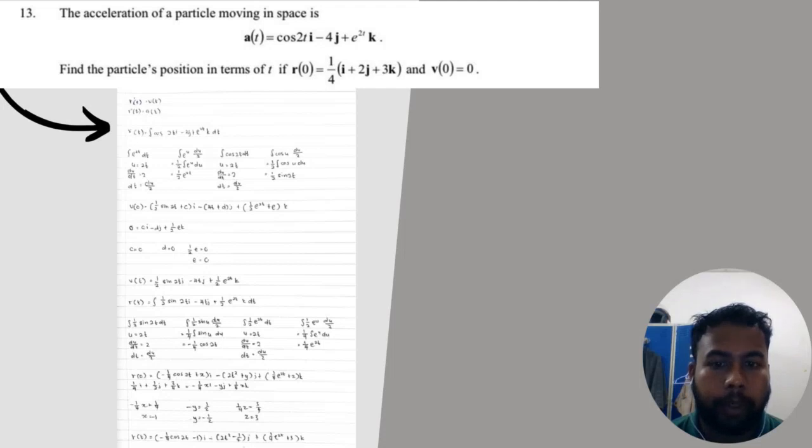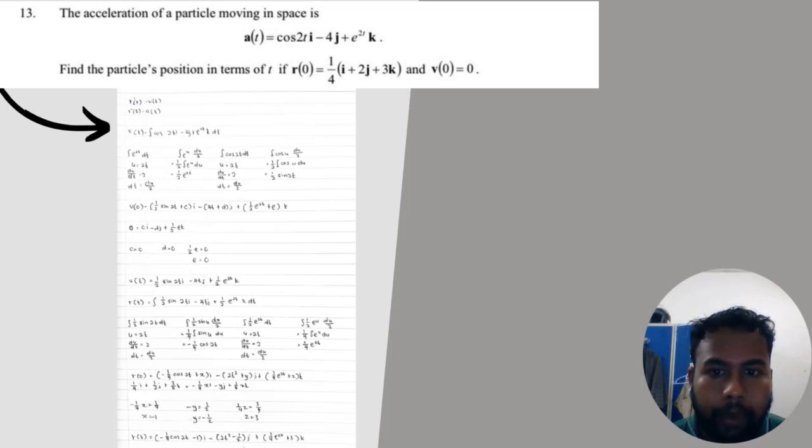What you need to do is integrate the acceleration vector to find the velocity vector, and then integrate the velocity vector to find the position vector. So you have to separate the equation into three components and integrate it and apply the initial condition, and you will get the velocity vector.